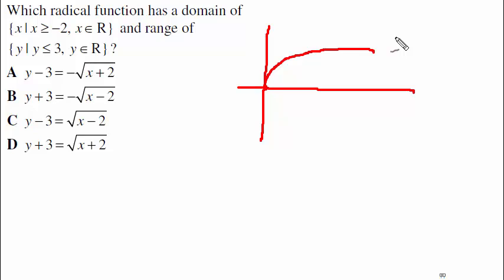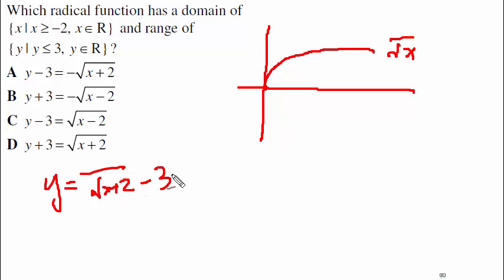In the inverse function and quadratic function videos, I talk about exactly how we graph radical functions and the transformations. Here, this is the traditional square root of x function. If we have minus 3, the equation is y equals the square root of x plus 2, minus 3.